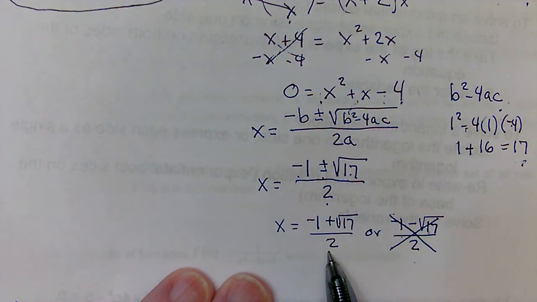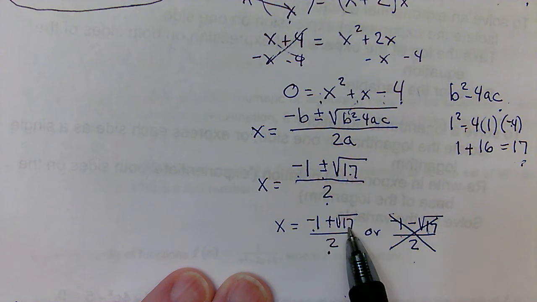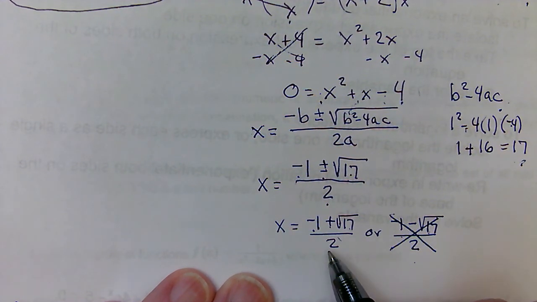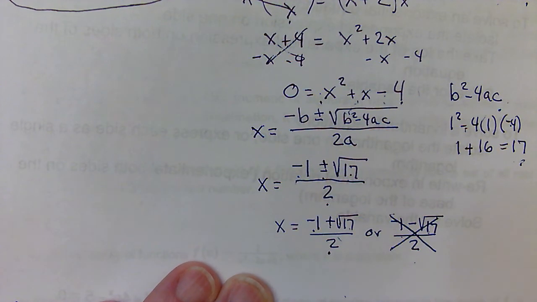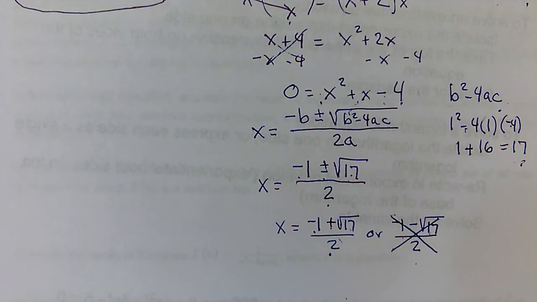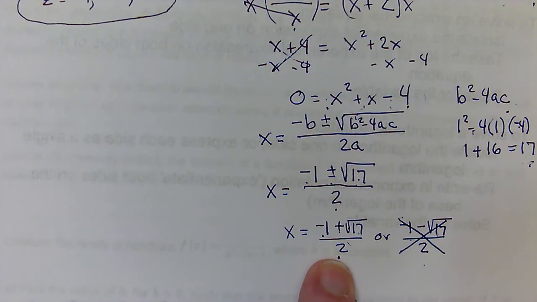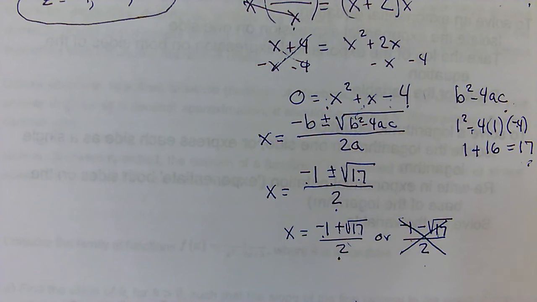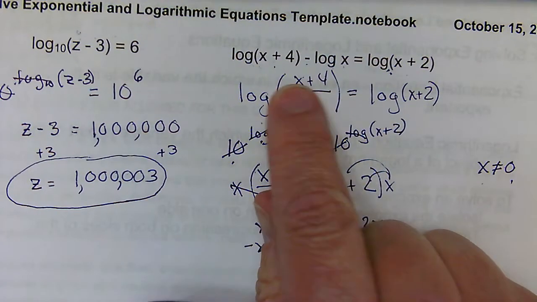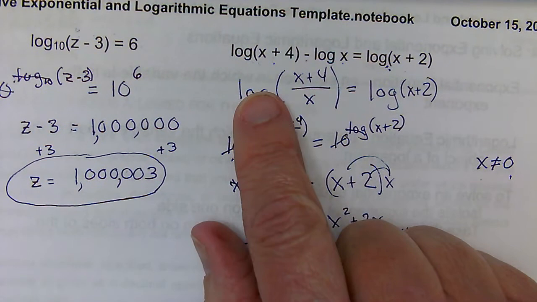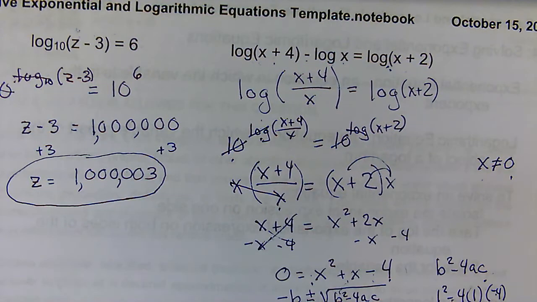But we still should check this one. Negative 1 plus a little more than 4 is about 3 divided by 2. So I want to check this one, but I want to use the exact value of this to check it, because if I use a decimal approximation, it won't come out exactly correct. So on my calculator, I'm going to put that number and store it into a variable, and then I'm going to go back and put the two sides of this equation into my calculator separately and see if they come out the same.